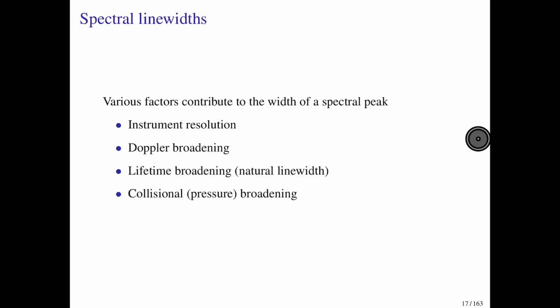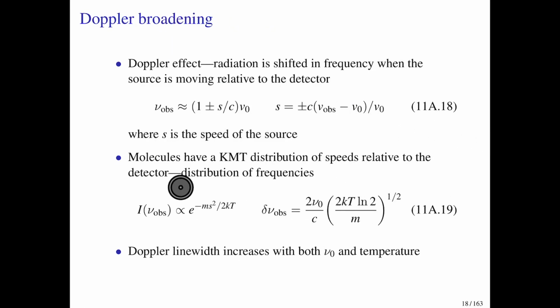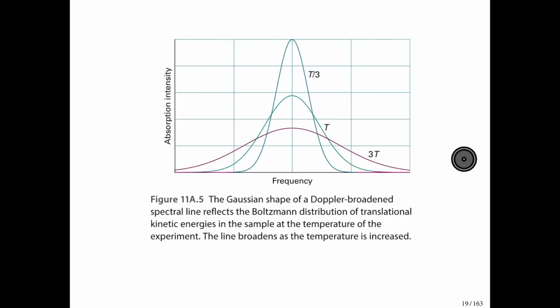So using the Doppler formula and the distribution of speeds, you can derive this expression for the Doppler line width of a spectral peak. The points to note are that it depends on the square root of temperature, and it also depends on the frequency of the source, nu naught. As temperature goes up, as we'll see here, so this is our peak at a given temperature T, as the temperature increases, the line width gets larger. As temperature gets smaller, the line width gets smaller.